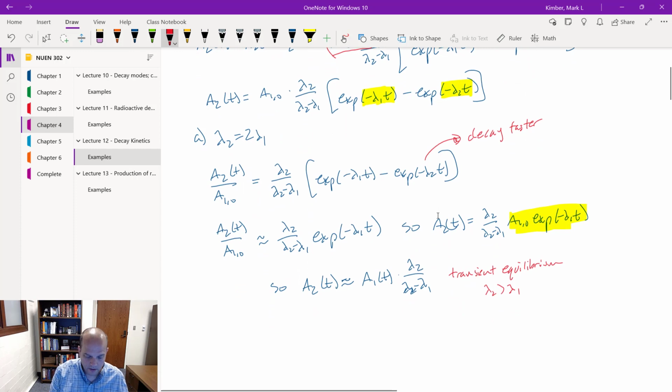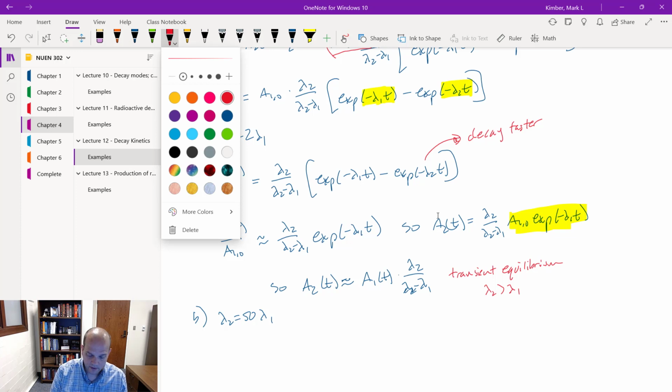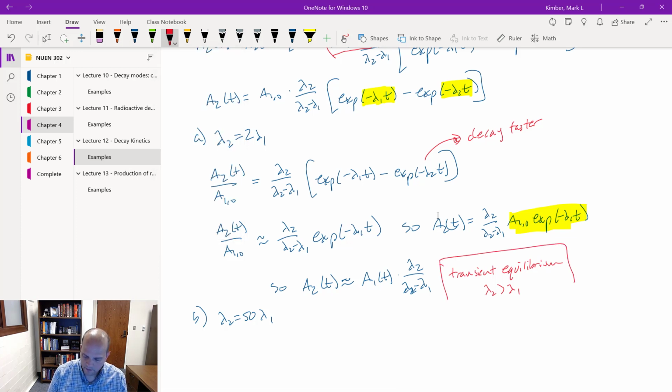Now for part B, we have lambda 2 equal to 50 times lambda 1. And so we've already established the fact that we have transient equilibrium because lambda 2 still is greater than lambda 1.